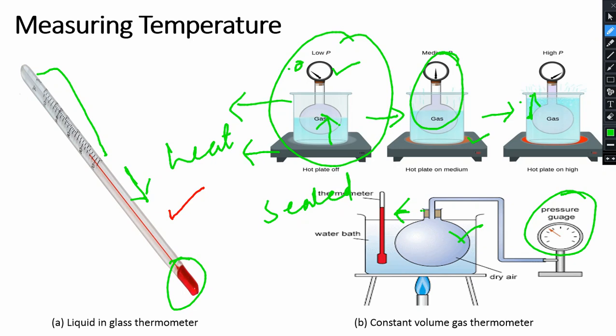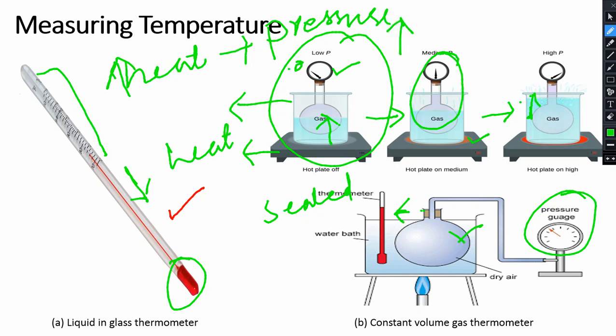What it means is that the heat in this kind of closed container directly affects the pressure. If the heat is directly proportional to pressure, then if the temperature is rising, the pressure will also rise.